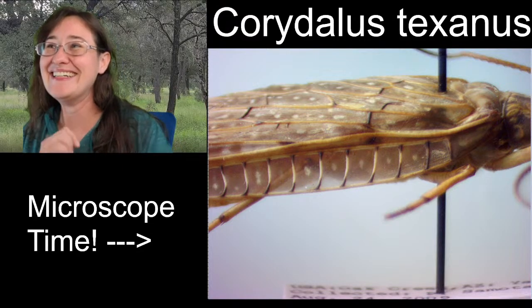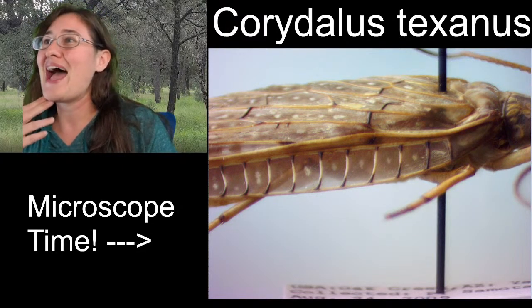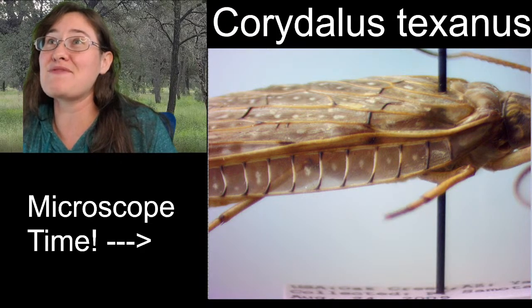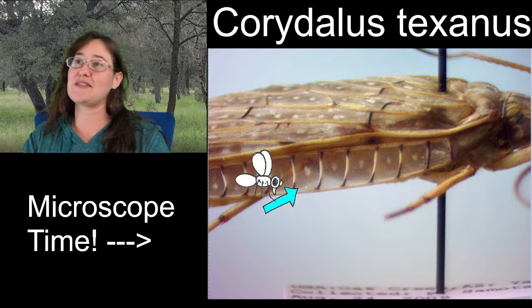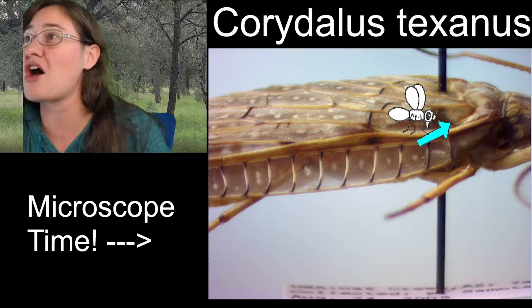But there is this really nifty vein. I don't know what the name of this vein would be called. I want to call it the subcosta because this would be the costa, but I'm not sure what we would call this vein right here.